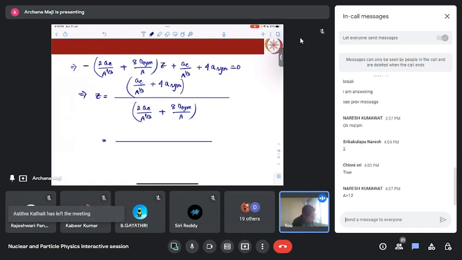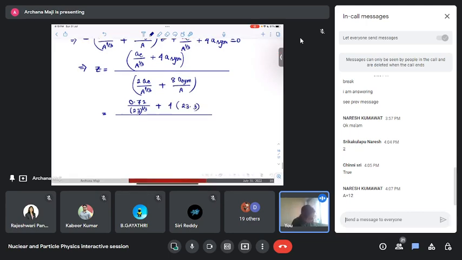Now substitute all the values of Ac and A. So here Ac is 0.72 divided by 23 to the power 1/3 plus 4 times A symmetric divided by 2 times 0.72 divided by 23 to the power 1/3 plus 8 divided by 23.